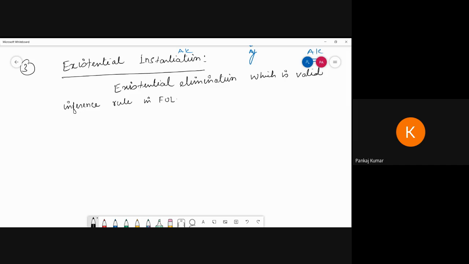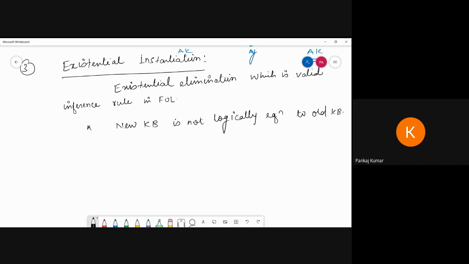The new knowledge base, whatever inference we write, is not logically equivalent to the old KB. What is logically equivalent? That means the truth table should be the same. That is the meaning of logically equivalent.